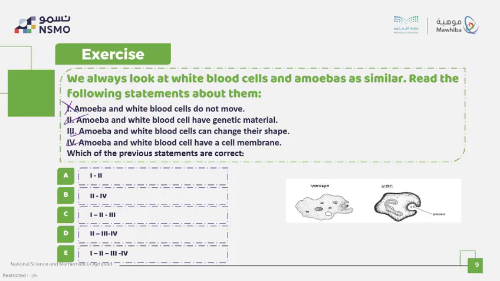It's D. It's the right answer because we have statement 2 correct, 3 correct, and statement number 4 correct. Also see that two different organisms may look and behave similarly because they evolved similar solutions to survive, like here, amoebas and white blood cells.